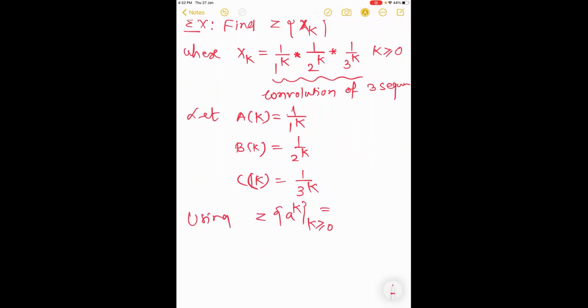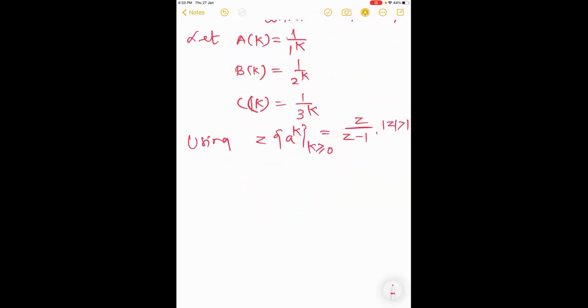What is the answer for a raised to k, if anybody remembers? Or if it is there in front of you in the notebook, what is the a raised to k transform? It is z upon z minus a for mod z greater than mod a. A raised to k transform we already did in the first lecture, a standard sequence. So use this result for all these 3 sequences and get the F z answer.